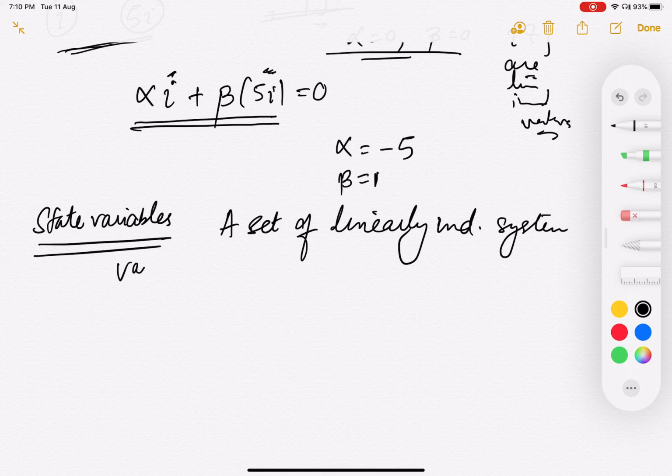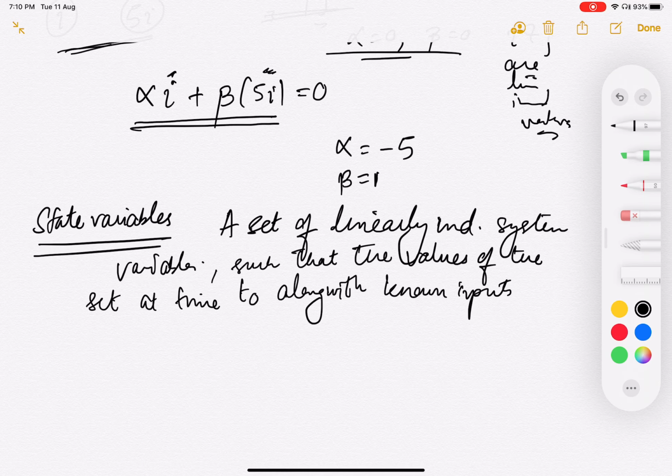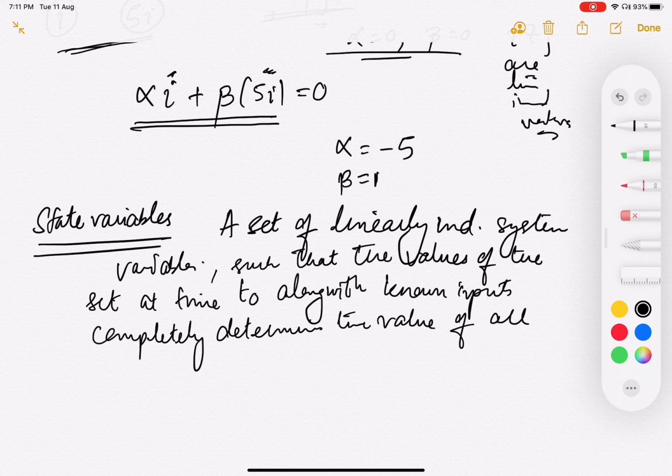So all the system variables you take, and from them you take out a set that is linearly independent, and the property is such that the values of the set at time t0, along with known inputs, completely determine the value of all system variables for all t greater than or equal to t0.